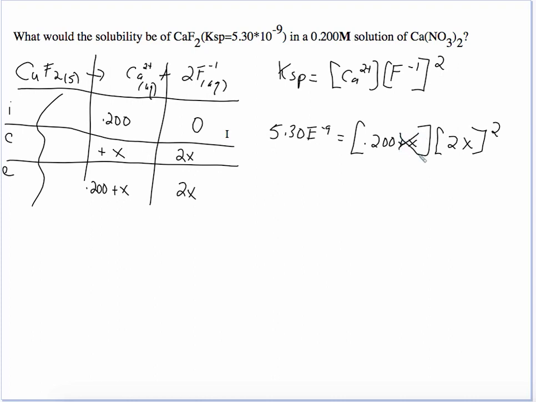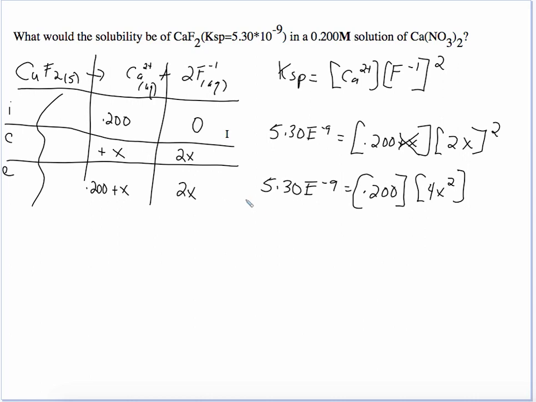Now, once again, the number is pretty small, and so we can drop the x, so we'll just get rid of that. So then we're going to have 5.30 e to the negative 9 equal to 0.200, and I'm just going to do the math. 2 squared is 4, and x squared is x squared, so that gives me 4x squared.